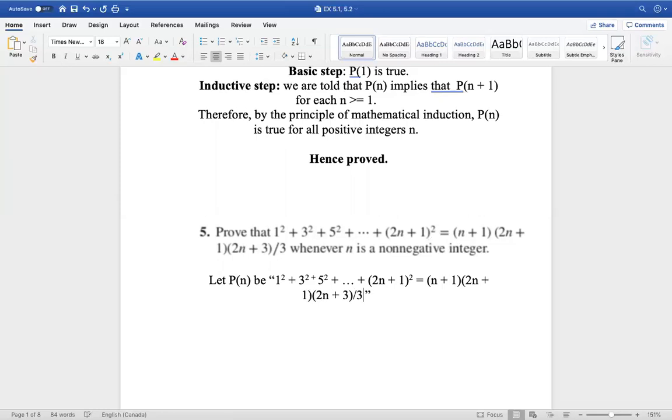So we assume that P(n) represents such a statement.